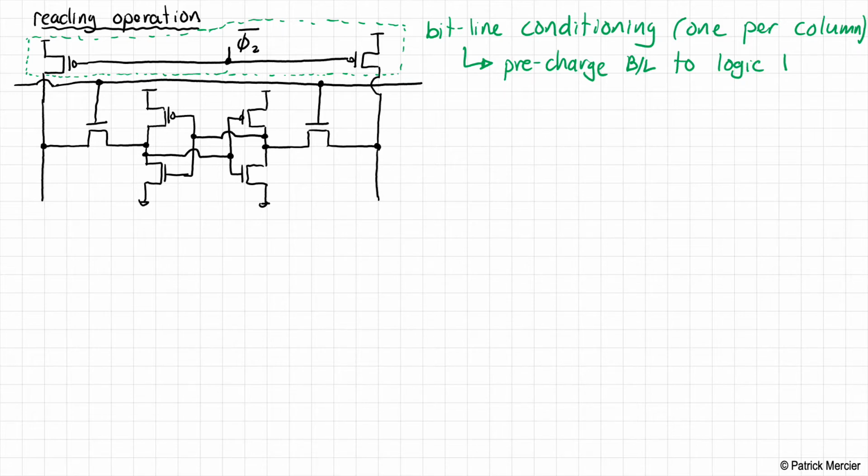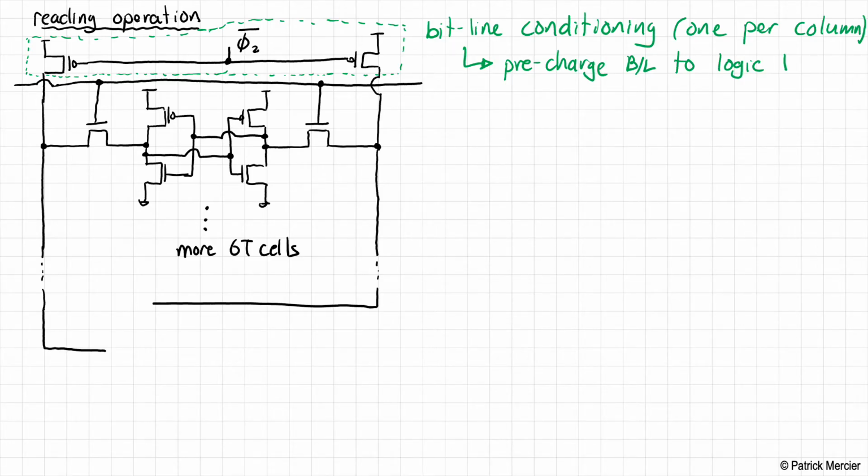Okay, so this is our first memory element in the array. There are more 6T cells below it. And eventually, we have to read the data out. Okay, and so what we end up doing is, and there's more of these guys here, what we end up doing is going through what we called earlier a sense amplifier.